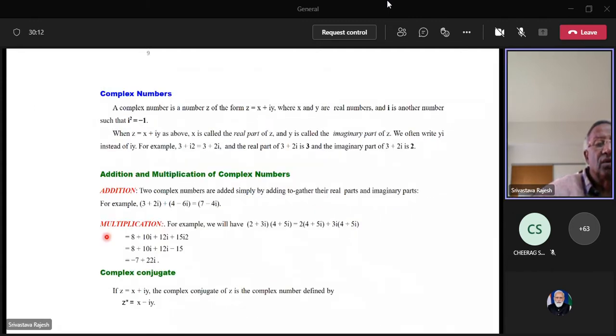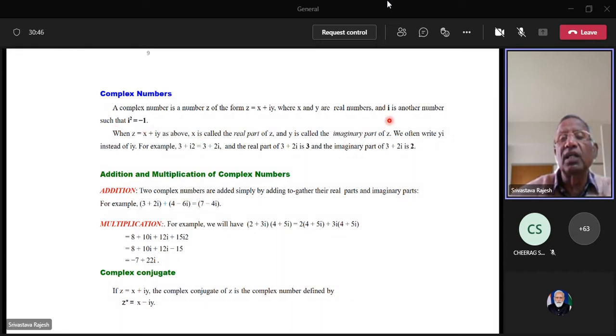Let's see how we do the complex number, how the computer does it. A complex number is a number z, where z is equal to x plus iy, where the first term x is real and the second one is the imaginary part, and i is another number, and in computer i is a complex number. So remember, we know that i square is minus 1.